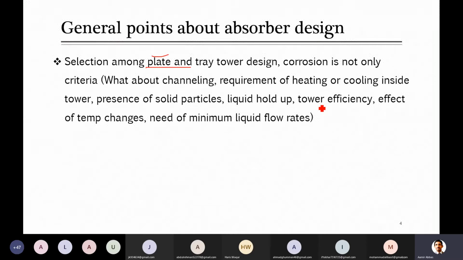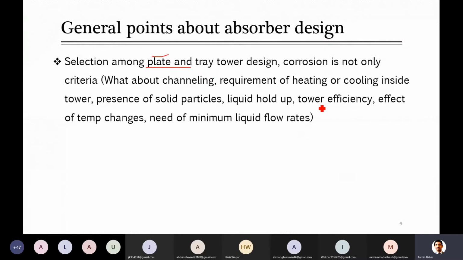But if you are using, for example, plastic packing, temperature affects them differently and more, so you have to use ceramic or avoid it. So in the case of packing, the temperature effect is more on the packing material as compared to the trays.